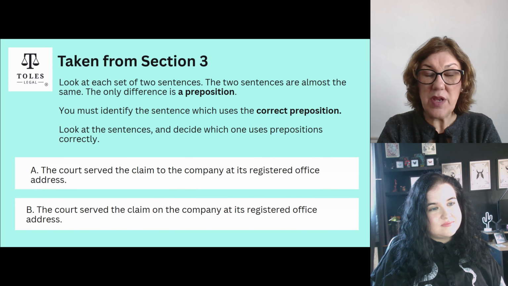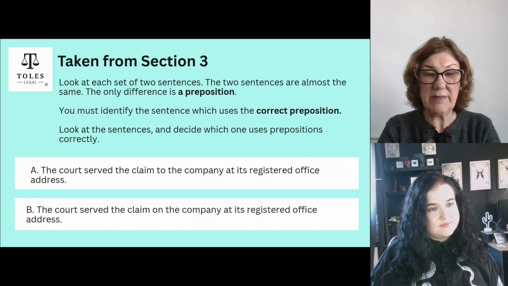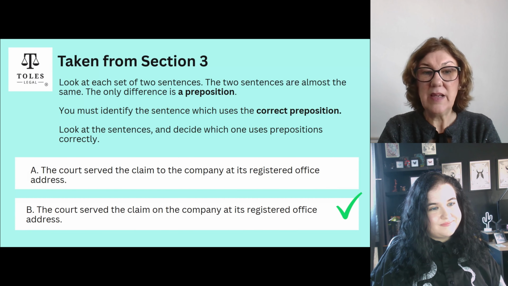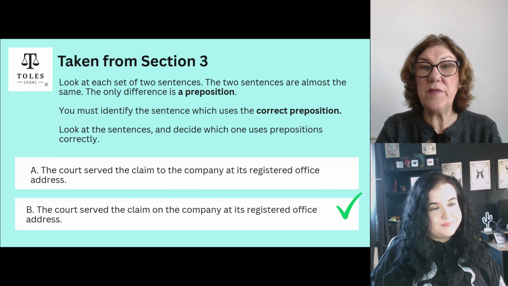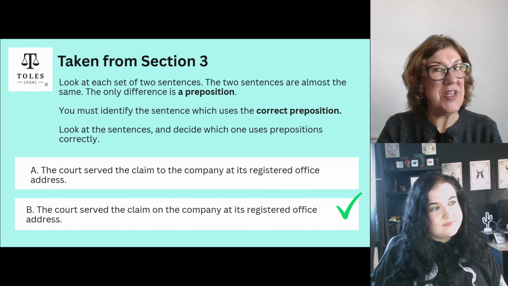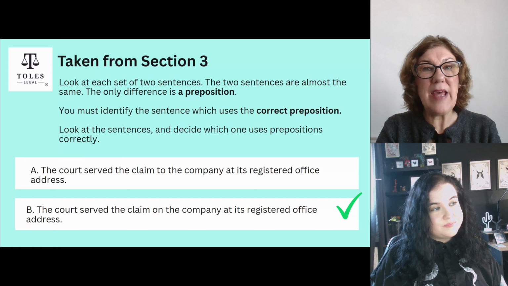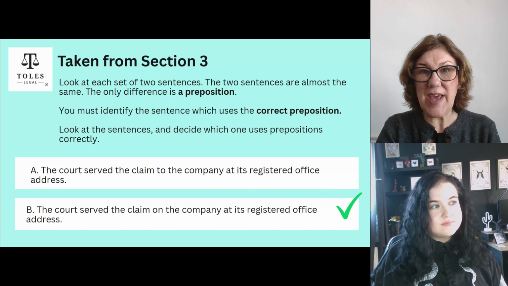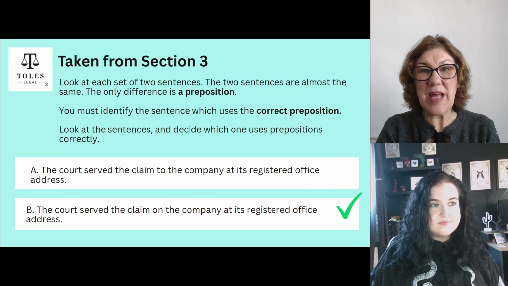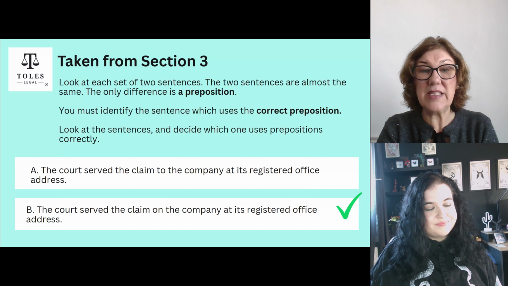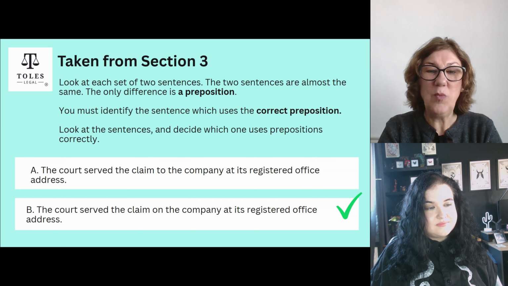To or on, which sentence is correct? To serve a claim on someone. It could be that in your first language the preposition is different. The trouble is, prepositions change in translation, so that's why we test them at this foundation level. What's next?